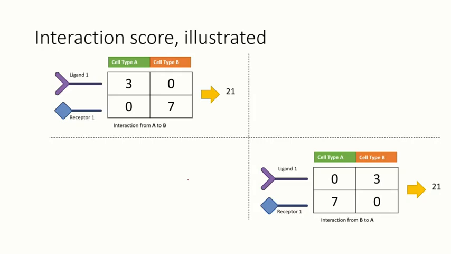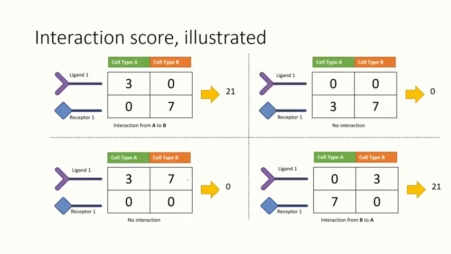So if you look at these combinations and you find this direction, that's also 21, but that's from the source cell type B, where the receiver cell type is A. So that's the opposite direction.